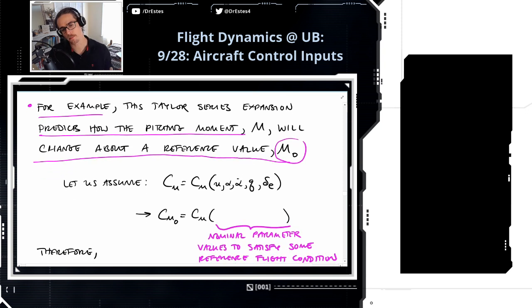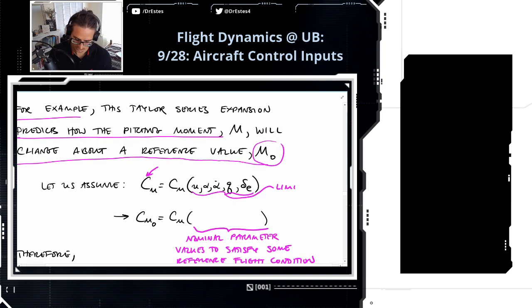Okay, so this is going to come back to our pitching moment coefficient. And up above, I had this coefficient being a function of many, many, many different parameters. But let's just assume that these are the most important ones. So I'll just say it's a function of a limited set of parameters here.